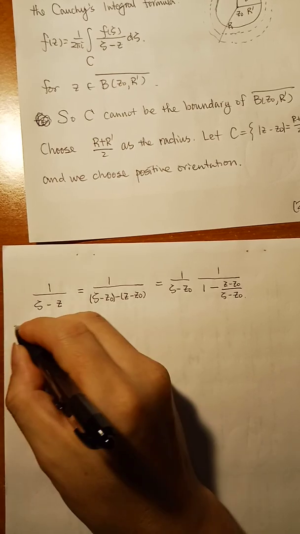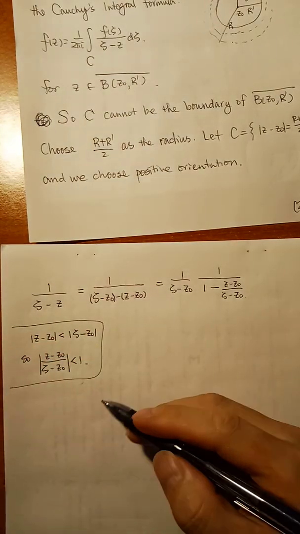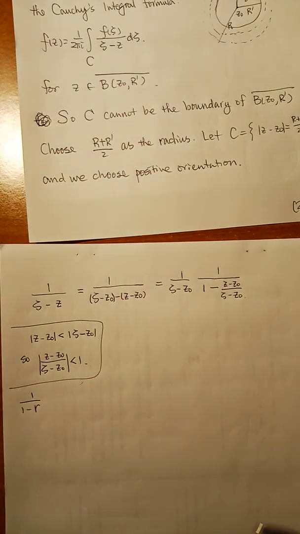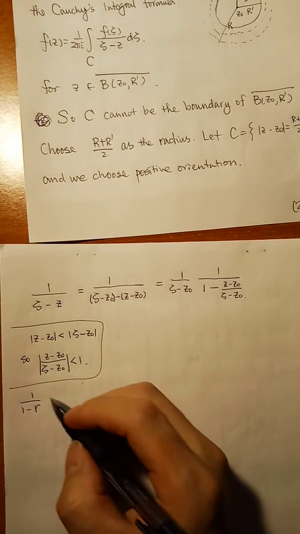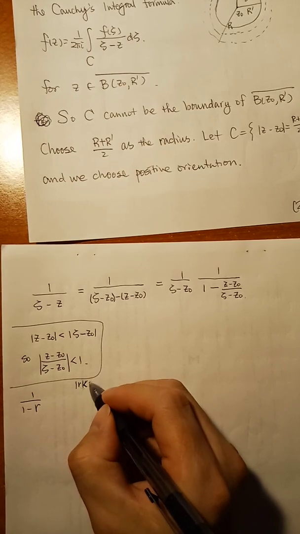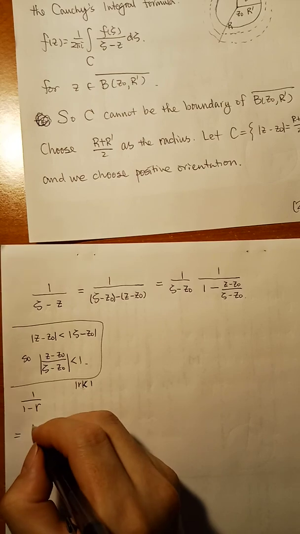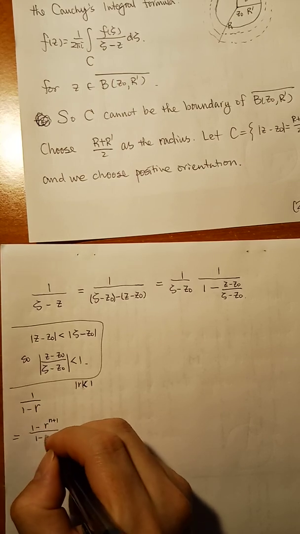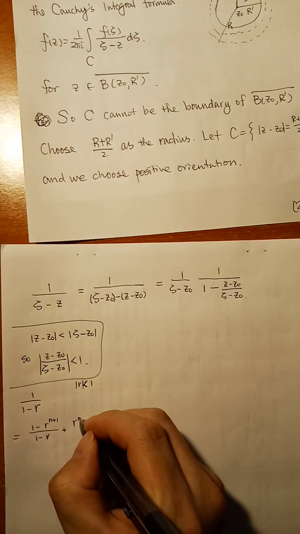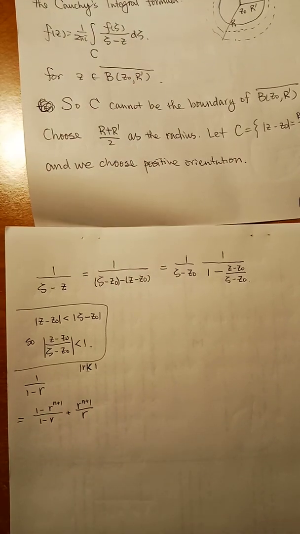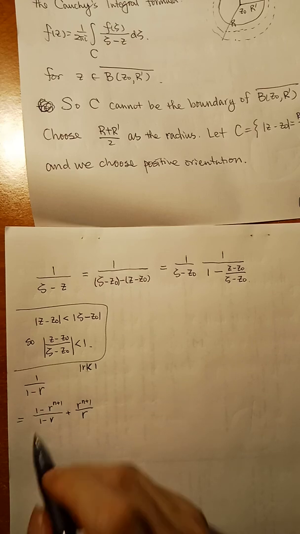Okay, so keep this in mind. When you have 1 over 1 minus r, where r has modulus less than 1, we have the following thing: 1 minus r to the n plus 1 plus r to the n plus 1 over 1 minus r. Okay, so that's the trick or the computation in the textbook.